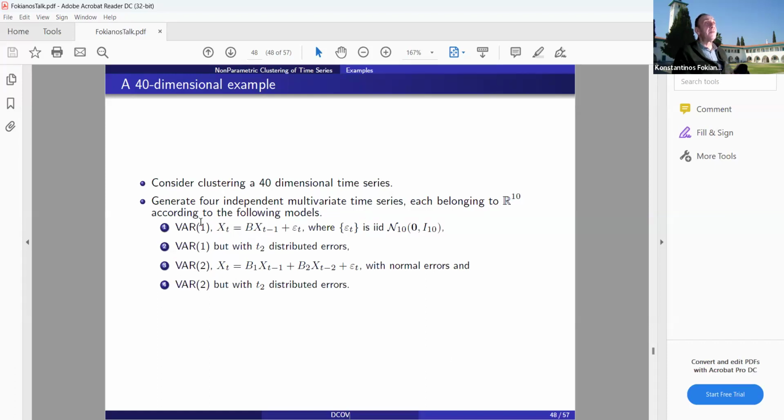The first one is a VAR(1) for some matrix B, with epsilon_t i.i.d. 10-dimensional standard normal. The second is VAR(1), the same, but with t2 distributed errors. Then we have a VAR(2) model with normal errors as before, and another VAR(2) model with errors distributed t with two degrees of freedom.